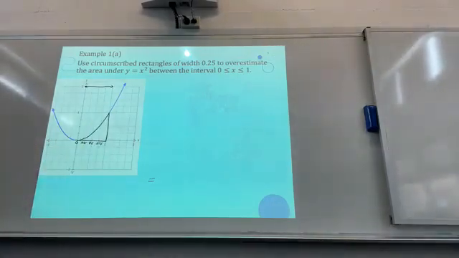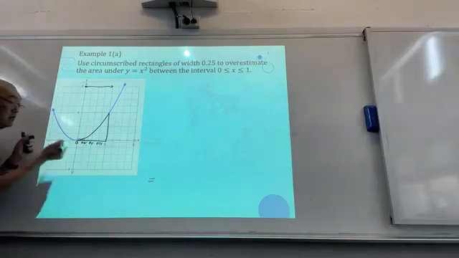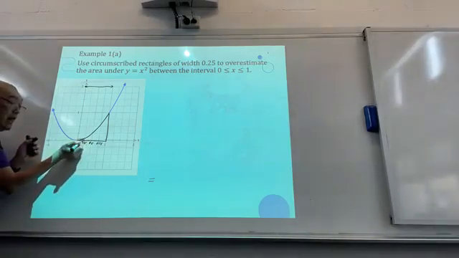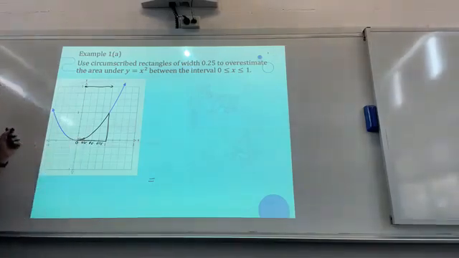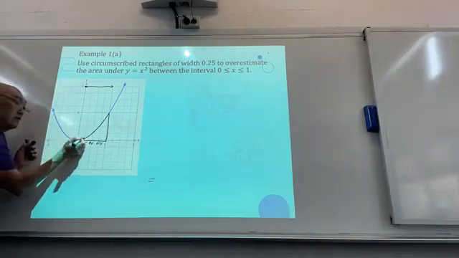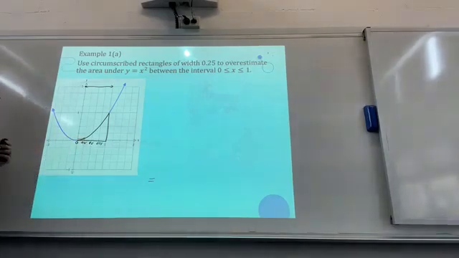Correct? So I'm going to start off with circumscribe. I draw a rectangle from the base onwards until here you can see that one of the point touches the curve. Alright? So this is your first rectangle. Draw the second one.